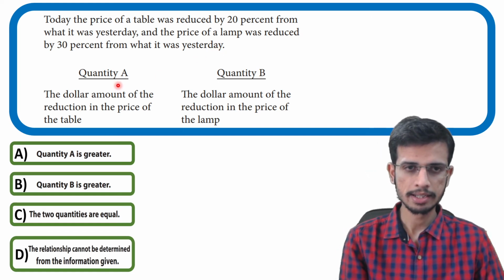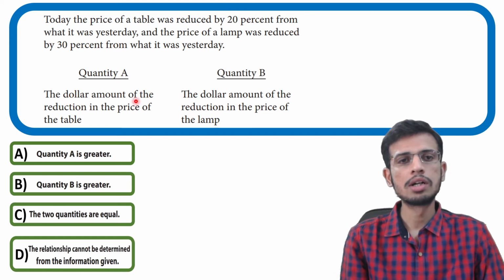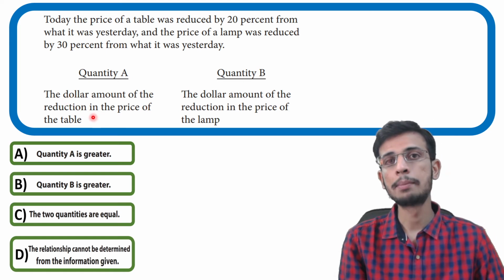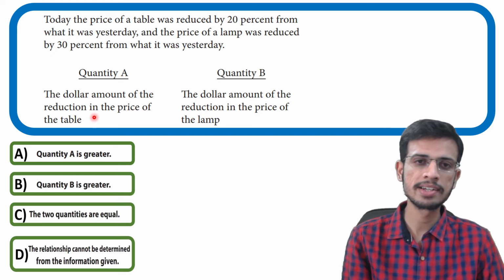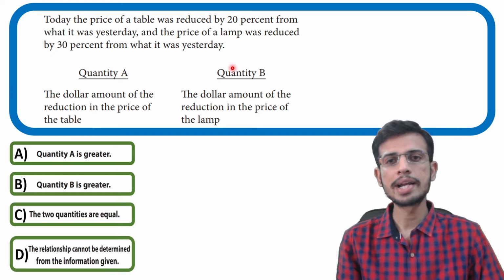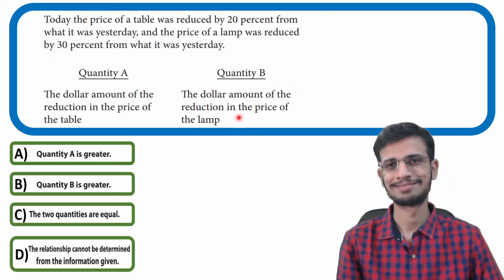Quantity A and quantity B are defined. Quantity A is the dollar amount of the reduction in the price of the table. Quantity B is the dollar amount of the reduction in the price of the lamp.